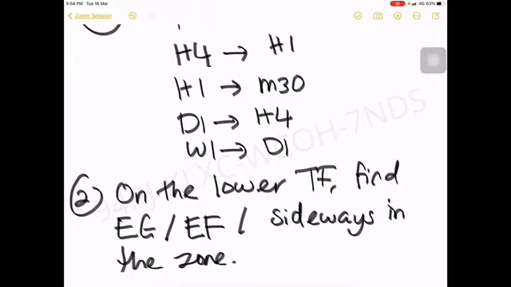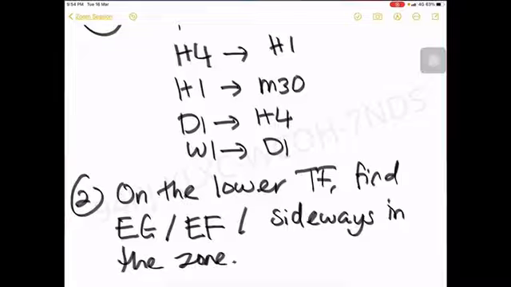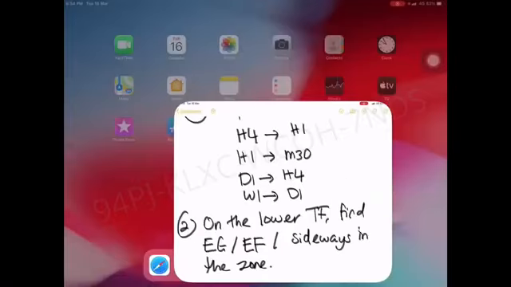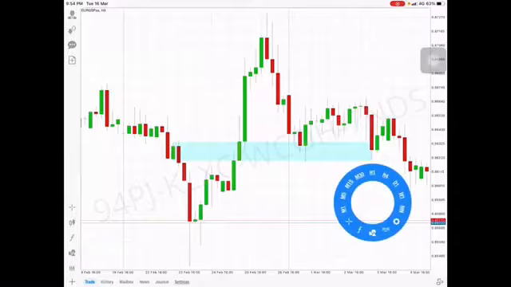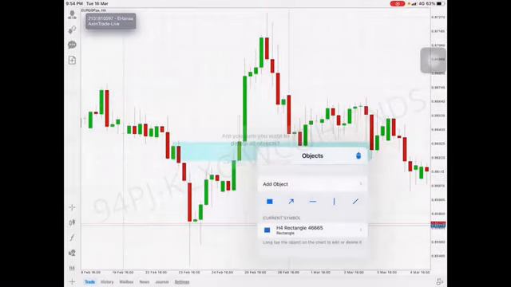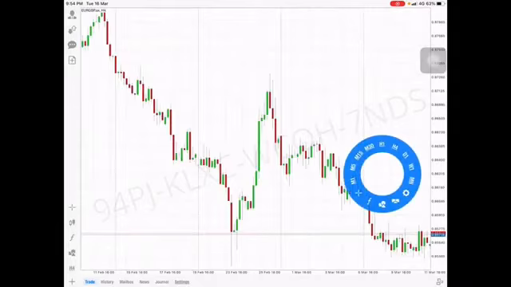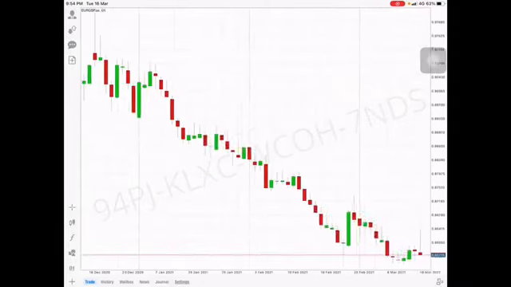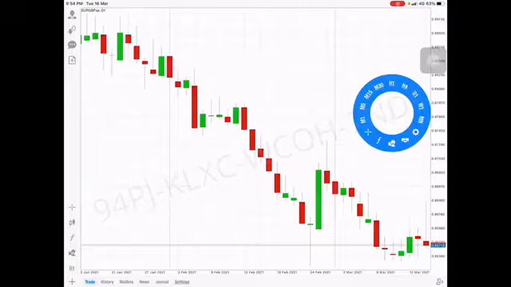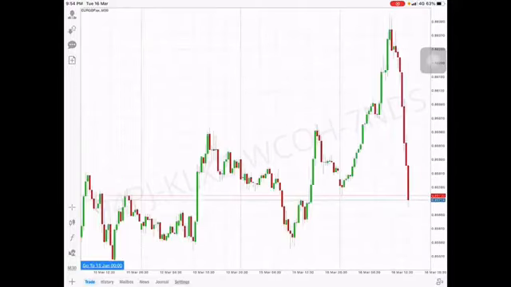All right, so I'm going to go to the chart. Let's try and see if we can find any DOM. For example, let me see if we have any big movement.